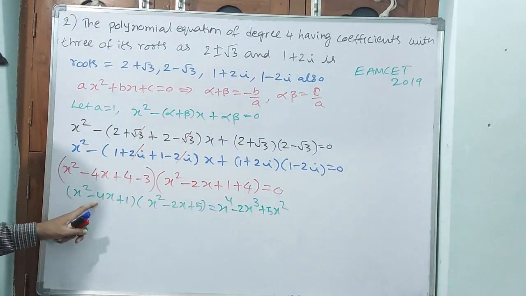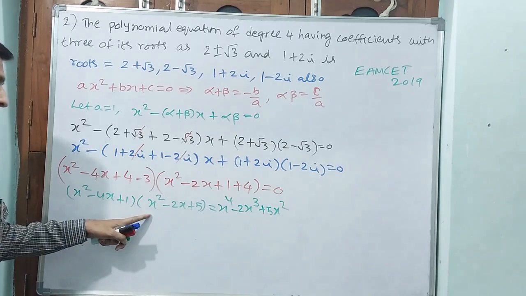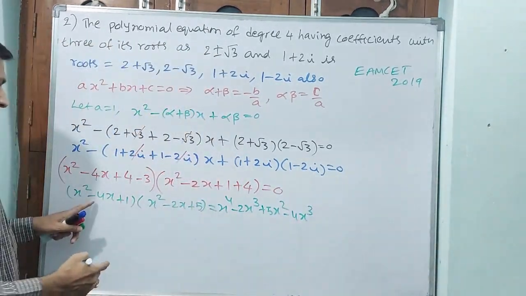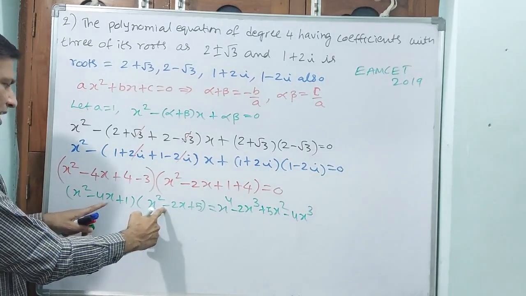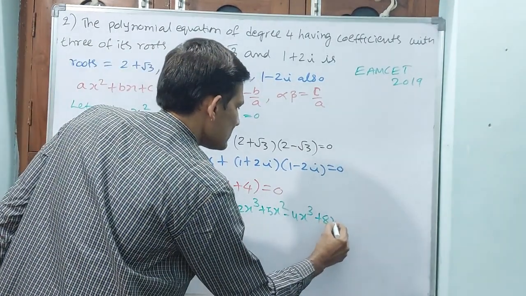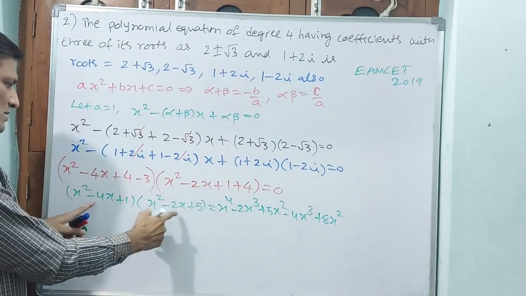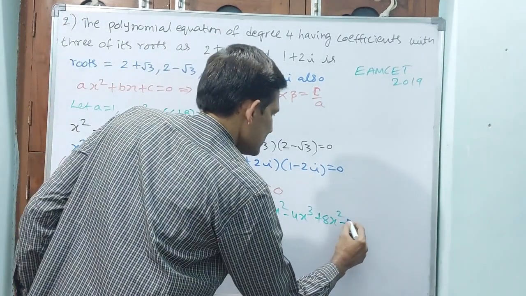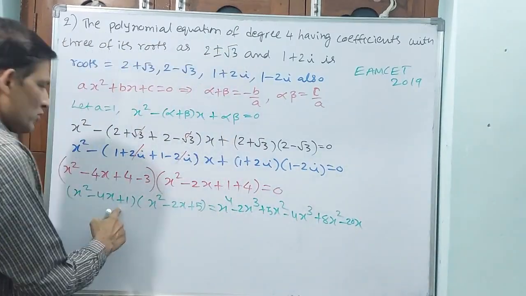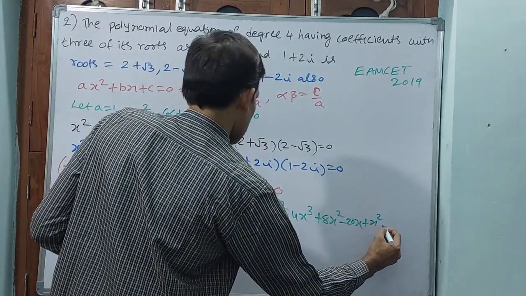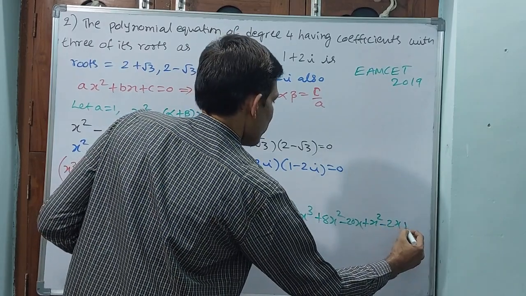Okay, now minus 4x cube, plus 8x square, then minus 20x. Okay, with 1 means this you repeat again: plus x square minus 2x plus 5.